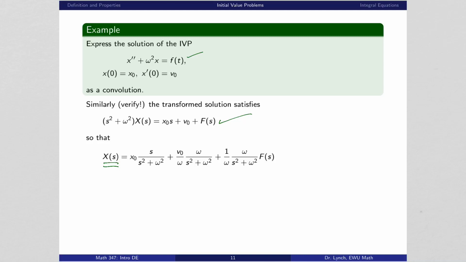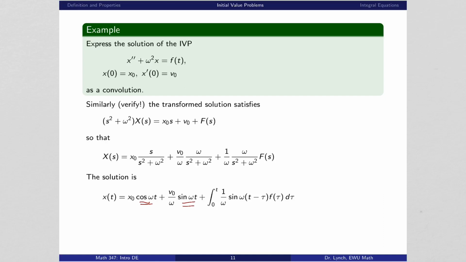And here I've just done one manipulation to multiply and divide by this constant omega, so that this looks like the transform of a sine function, and so does that. Okay. Therefore, the inverse transform just looks like x naught times the cosine plus x naught over omega times the sine plus this convolution operator, right? So this is just 1 over omega sine convolution f. Okay, so this is a pretty cool way to express the solution as a convolution operator.